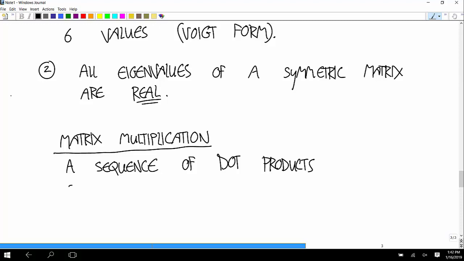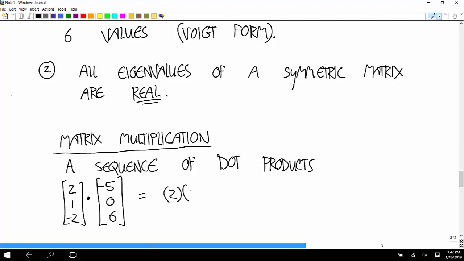So remember, if you're taking the dot product of 2, 1, -2 and -5, 0, 6, that's equal to 2 times -5 plus 1 times 0 plus -2 times 6. In this case, that's -22, I think.